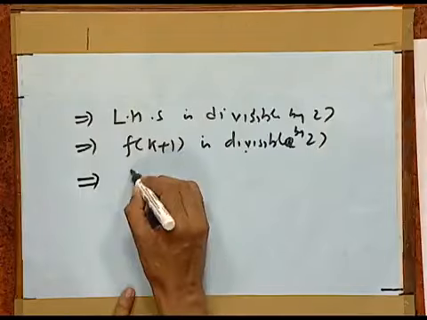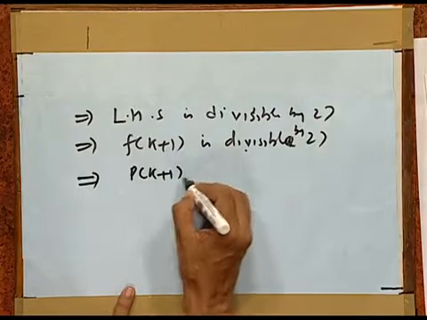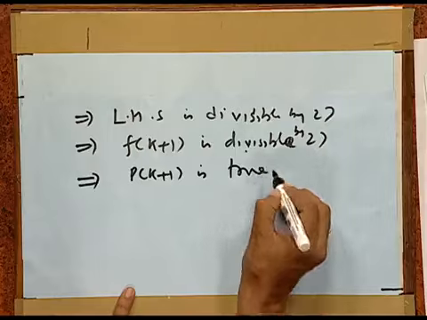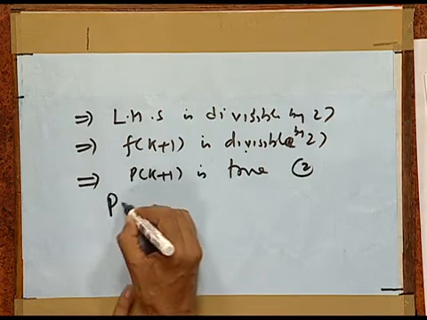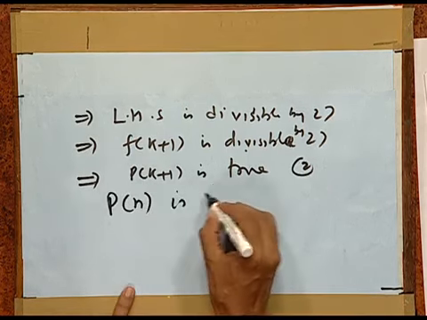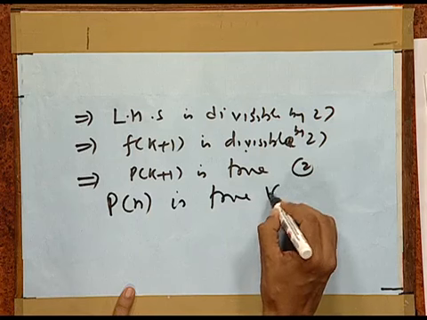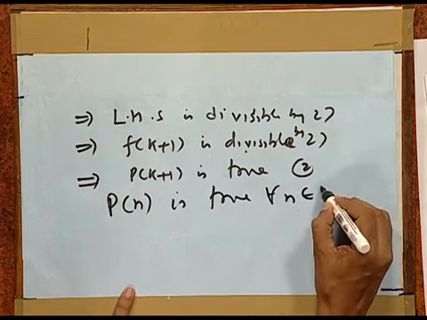This means P(k+1) is true. Hence, we can claim that by mathematical induction, P(n) is true for all n belonging to N. So, we have given two examples on divisibility using mathematical induction.